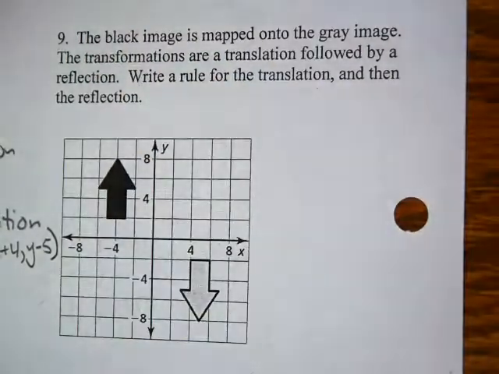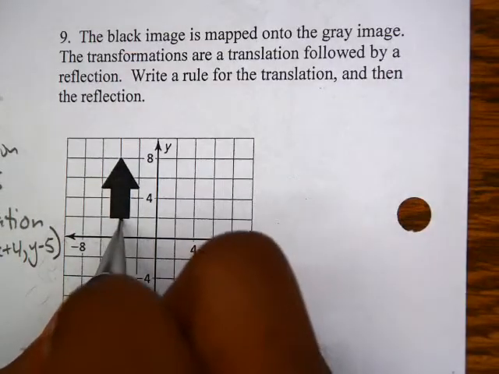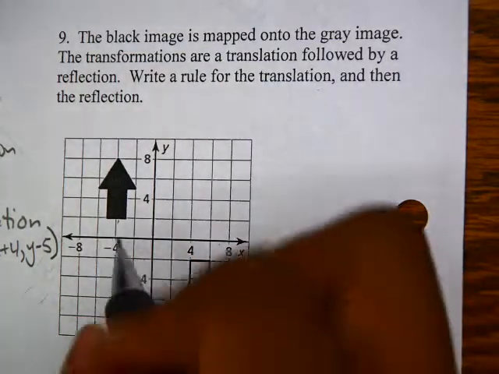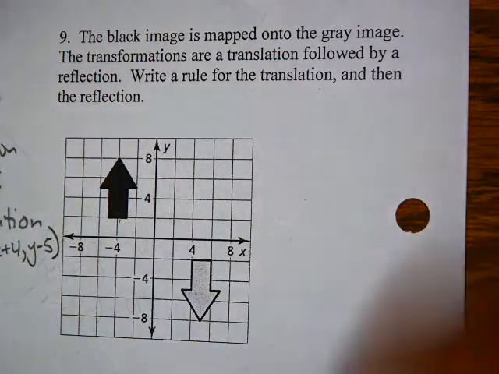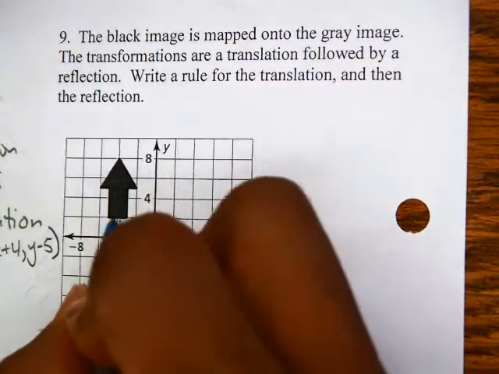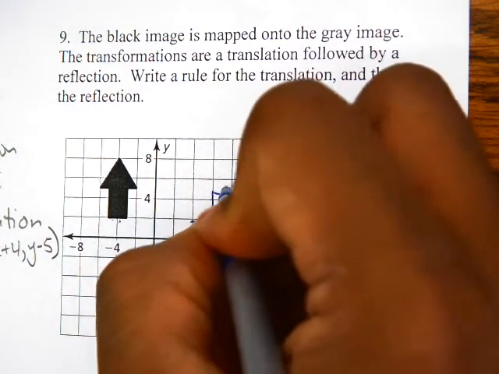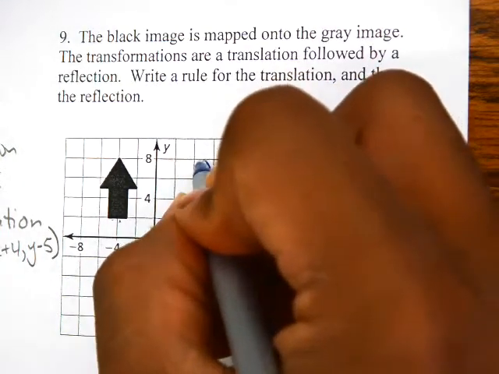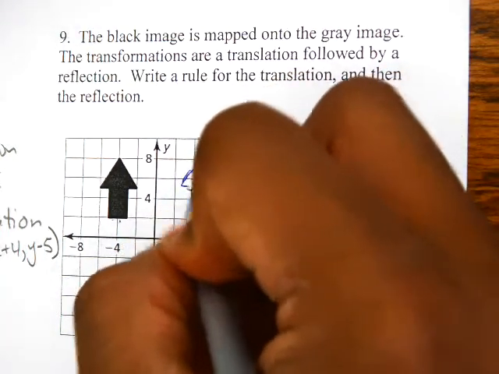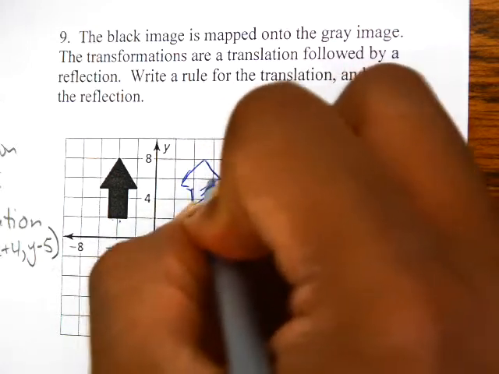There's a couple different ways to do this one. I think I'll just do the easiest. I need this black shape to land on this gray shape. So before I get there, I would like this black shape to end up here. I need it to end up here.